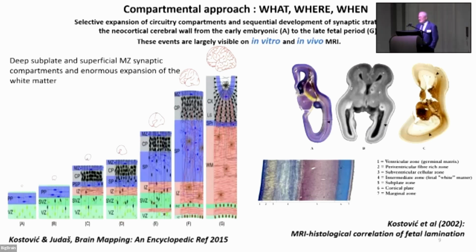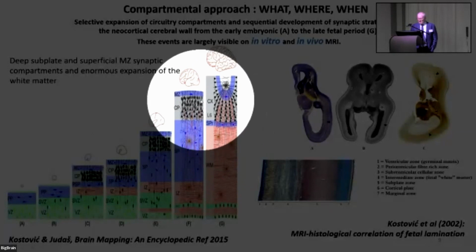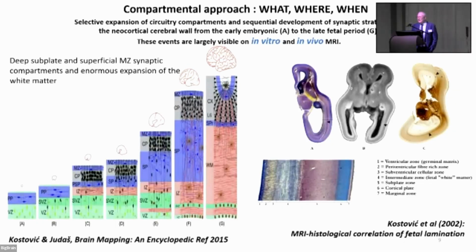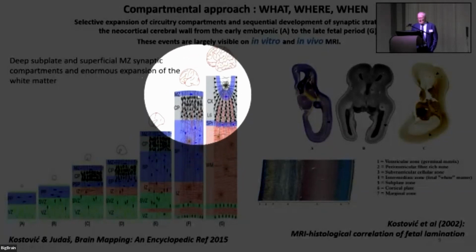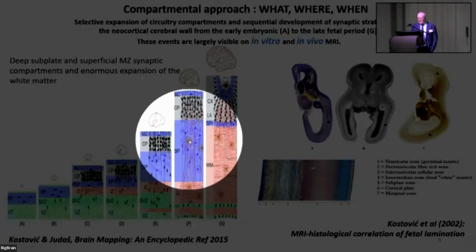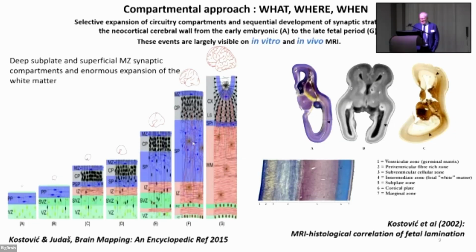So for several months, exactly until 22 weeks of gestation, the cortical plate, the area with black cells, is without synapses. Synapses are concentrated where apical dendrites of neurons receive axons, and in this enormous connectivity layer, the subplate.